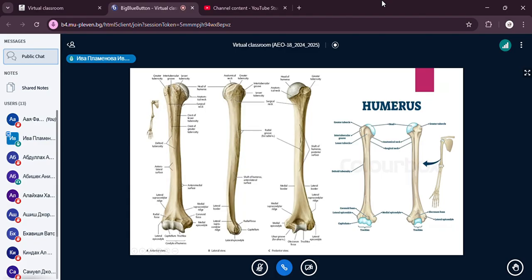Two tubercles here, greater and lesser. And between them is located the intertubercular groove, sulcus bicipitalis or sulcus intertubercularis with two lips. Crista tuberculi majoris humeri, crista tuberculi minoris humeri. Below the two tubercles is the surgical neck.